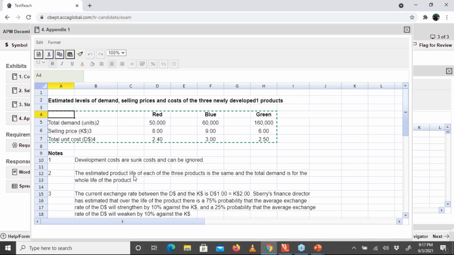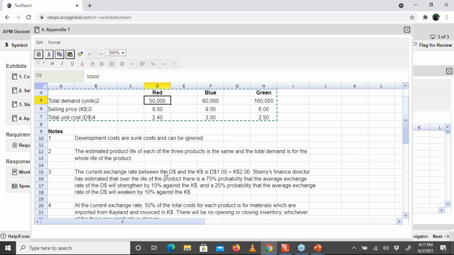So that means you have to compare over the same period. You see, the number of units are different, but it's not an annual thing. It's over a period of 3 years or 4 years or 5 years, whatsoever.